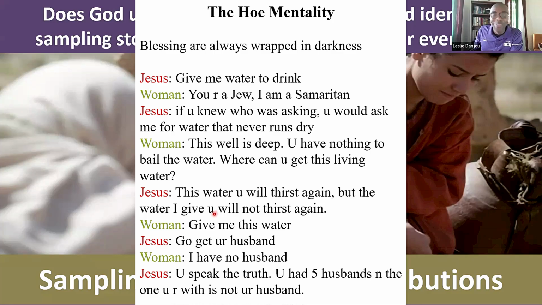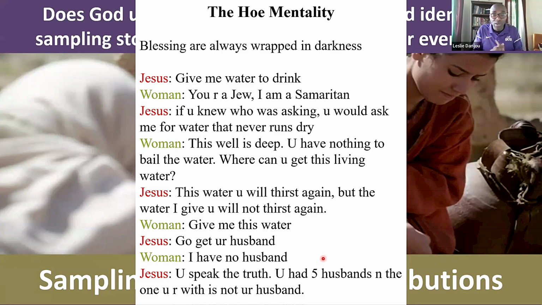And then Jesus says, "Go get your husband." She says, "I have no husband." Jesus says, "You speak the truth. You had five husbands, and the one you're with now is not your husband." At this point, she realized that she was talking to someone who knew her for who she is, knew all the facts about her.